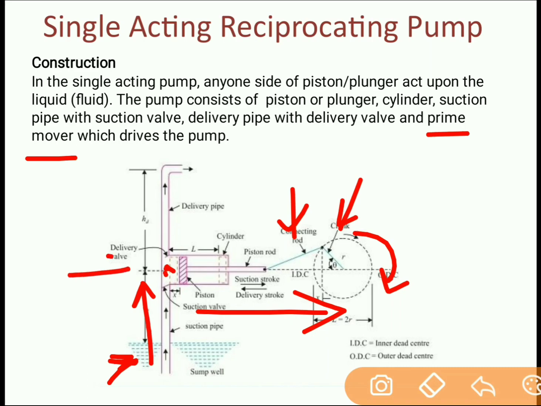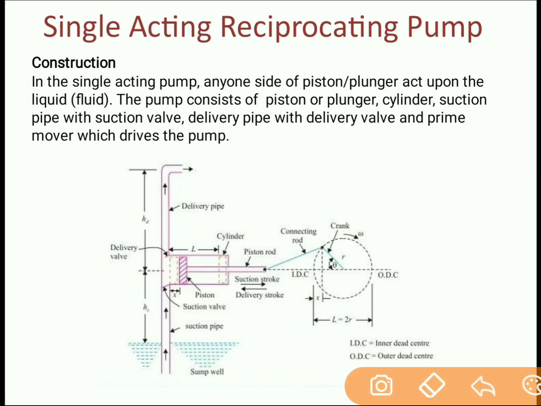Liquid will get accumulated inside the cylinder, and when the crank completes the full revolution, the connecting rod pushes the piston from the right side to the left side. When the piston moves from right to left, the liquid filled inside the cylinder gets pressurized, and this pressurized liquid is transferred to the delivery pipe. So this is how the single acting reciprocating pump works.